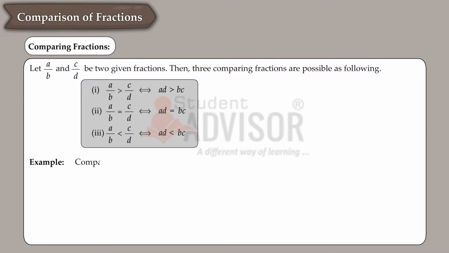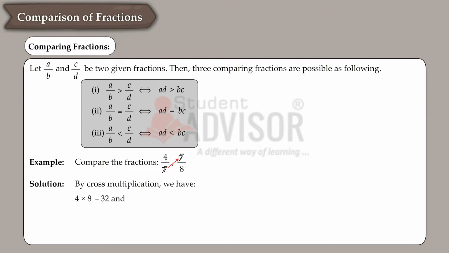Compare the fractions 4 by 7, 7 by 8. Solution. By cross multiplication, we have 4 multiplied by 8 is equal to 32 and 7 multiplied by 7 is equal to 49. But 49 is greater than 32. Therefore, 4 by 7 is less than 7 by 8.